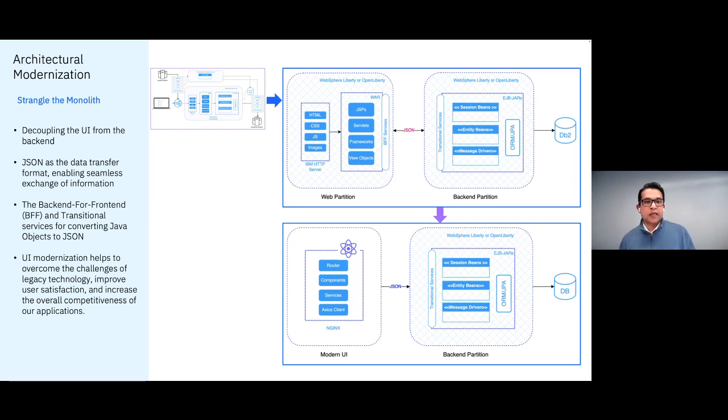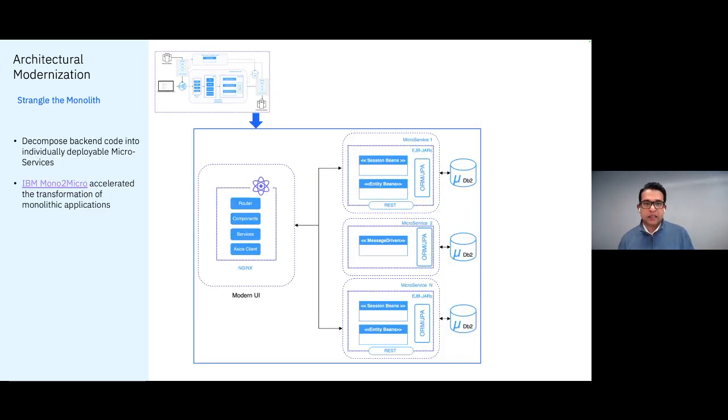On the architectural modernization, next is how we can break that monolith into microservices. Here I'm talking about another modernization accelerator called IBM Mono to Micro, an AI tool which is already available as a product on IBM.com.